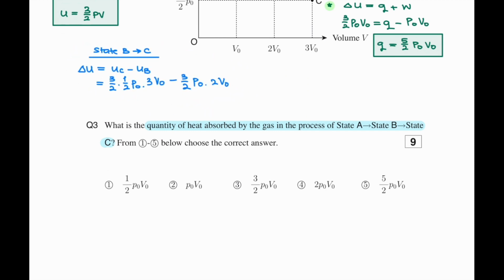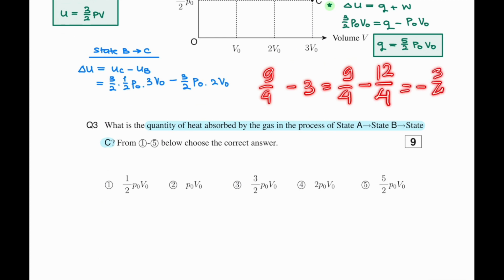Okay, if we calculate it, I got 9 over 4 minus 3, which is 9 over 4 minus 12 over 4, negative 3 over 4.